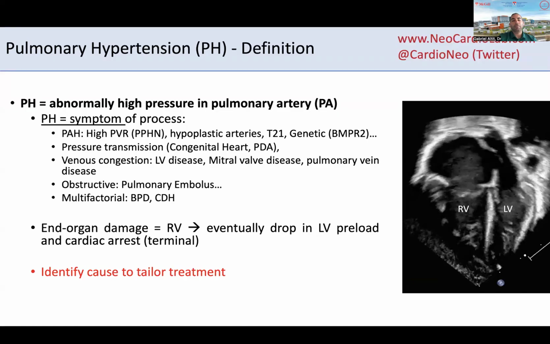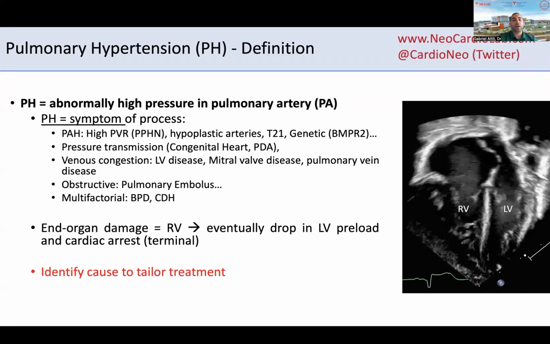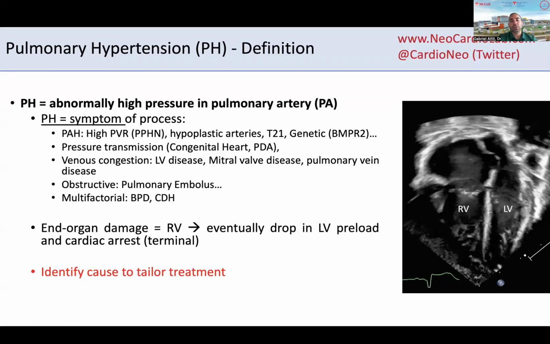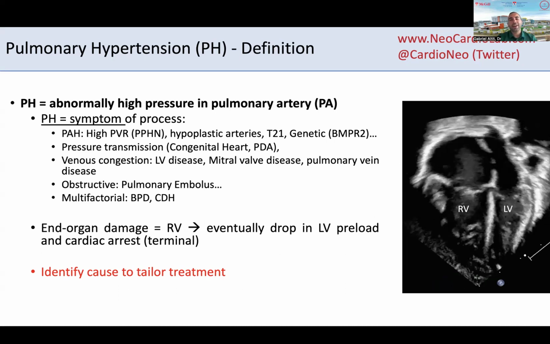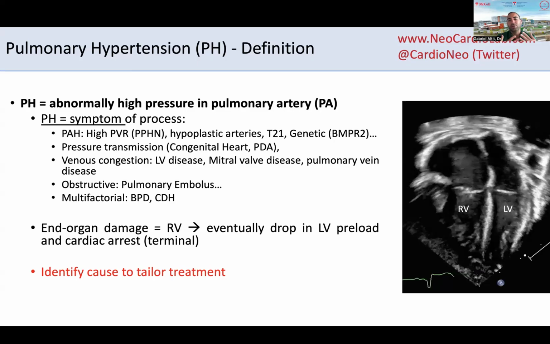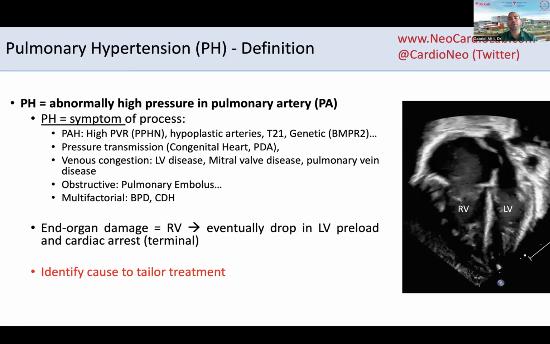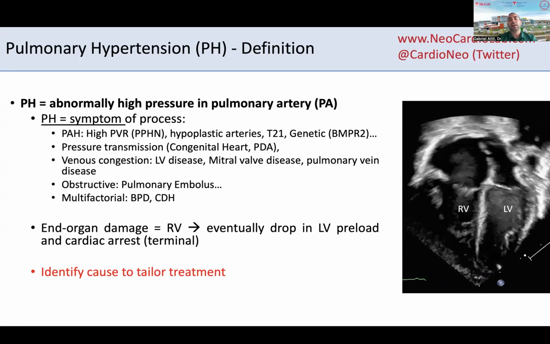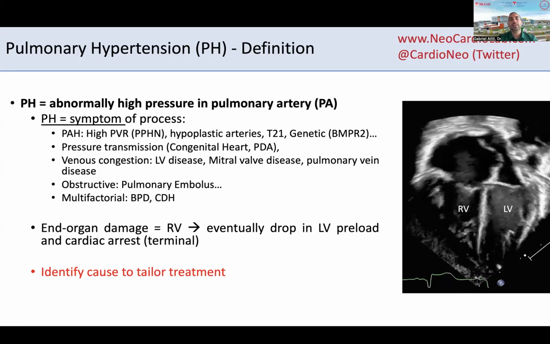If you are familiar, we're talking here about most commonly group 1 pulmonary hypertension, which is pulmonary arterial hypertension, which is a bit of a misnomer because they're all with high arterial pressure in the pulmonary artery, but what we mean by pulmonary arterial hypertension is often due to secondary high pulmonary vascular resistances.